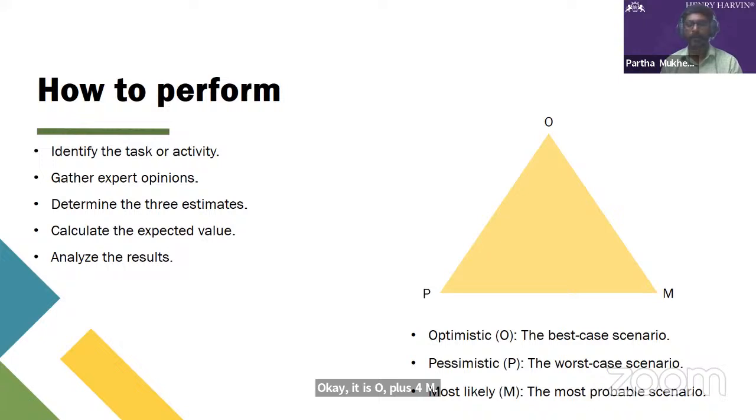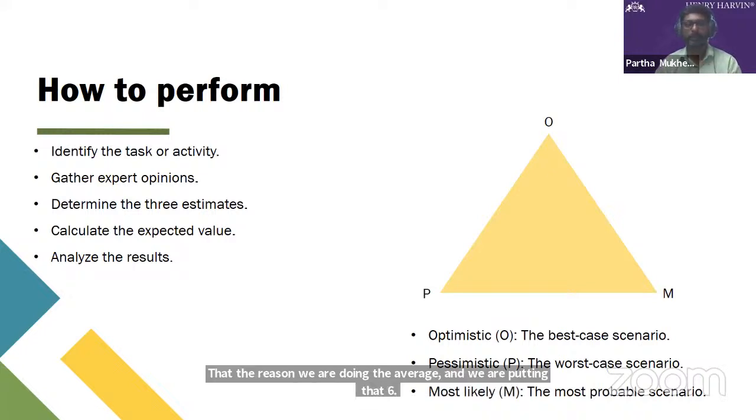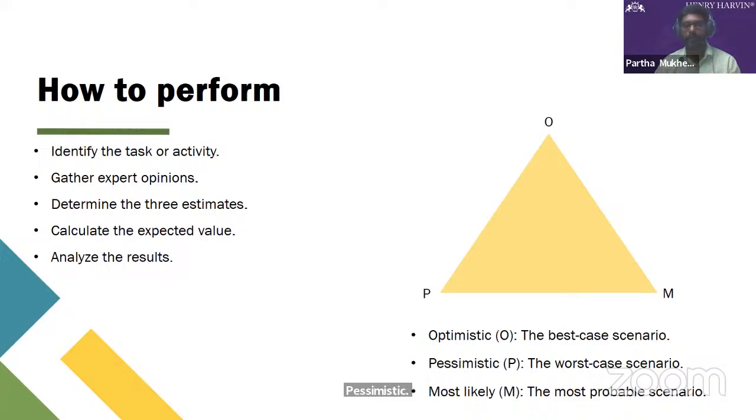Now, why divided by 6? It is divided by 6 because we are taking O as one value, 4M, so 4 plus 1 is 5, and one P value, so 6. That's the reason we are taking the average and dividing by 6. So optimistic, most likely, and pessimistic.